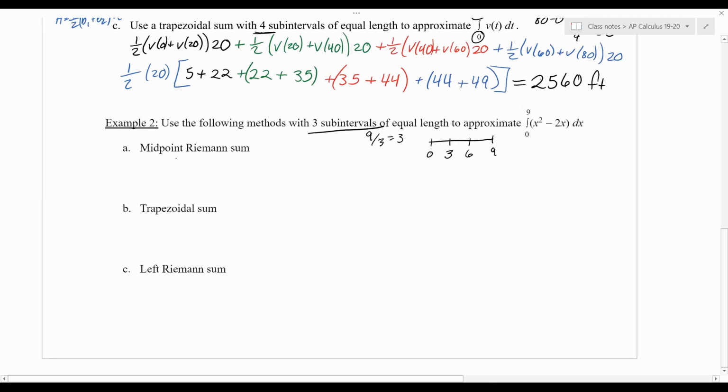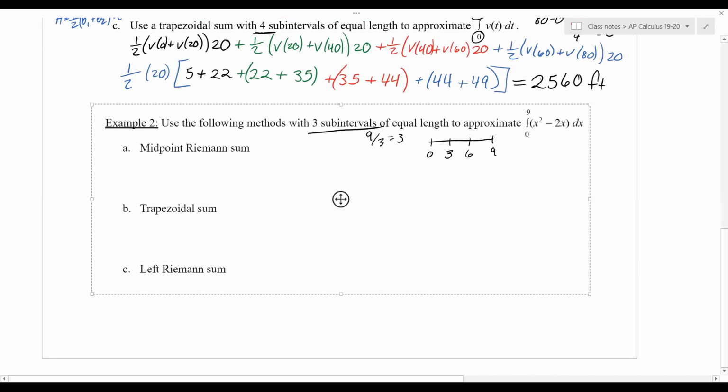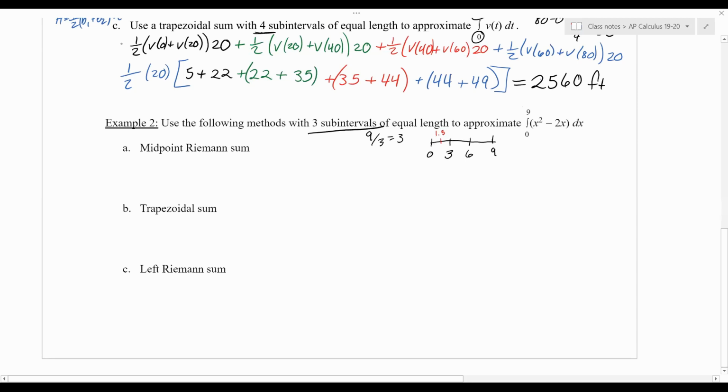Now for the midpoint Riemann sum, we're going to want what is in the middle here. So between 0 and 3, 3 minus 0 is 3, divided by 2 is 1.5. So between 3 and 6, again, halfway is a distance of 1.5.